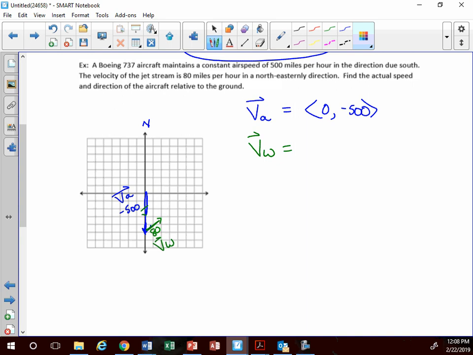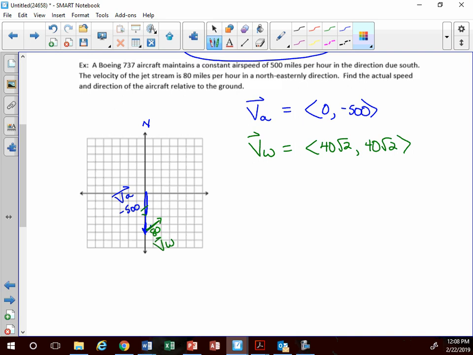It's going to be a special angle that you know how to figure out the missing sides of the triangle from. So, do we agree that the component form of the wind is 40 root 2, 40 root 2? We okay with that? Okay.